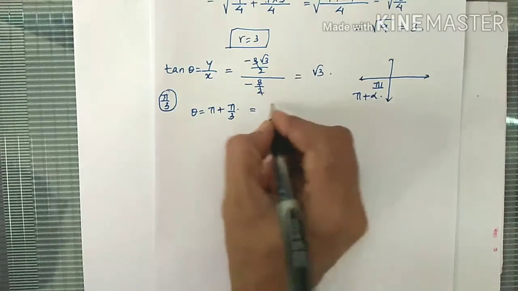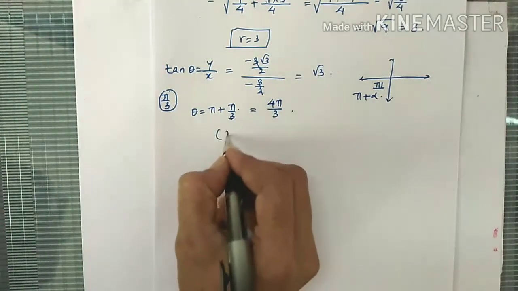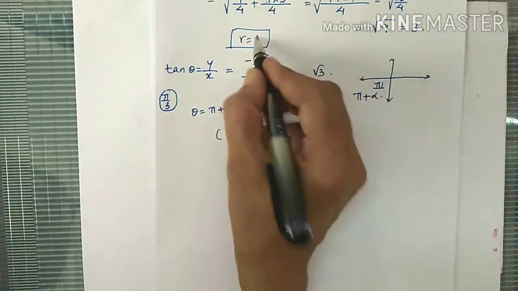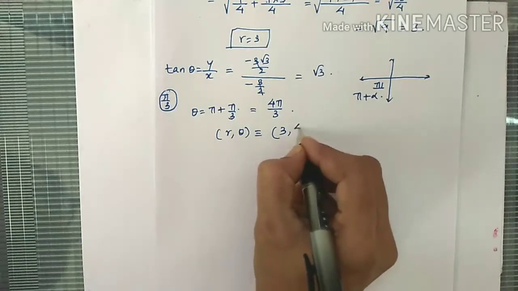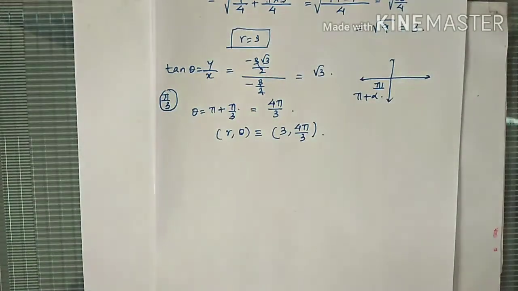So 3 pi plus pi, that is 4 pi by 3. So r theta is, r is 3 and theta is 4 pi by 3. So these are the polar coordinates of the point minus 3 by 2, minus 3 root 3 upon 2.